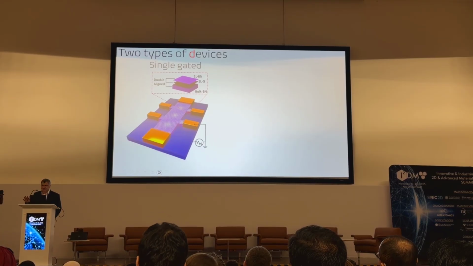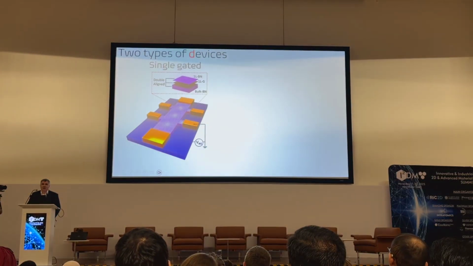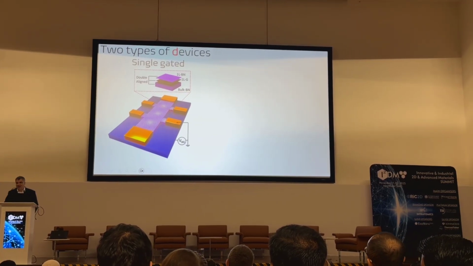That enhances the effects dramatically. In one case we just use bulk BN, graphene, monolayer BN, that allows corrugation in the third dimension to be enhanced.